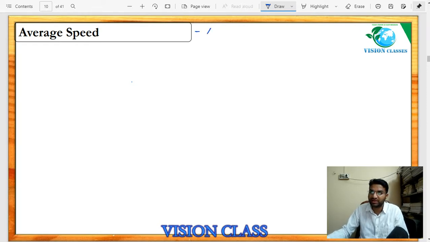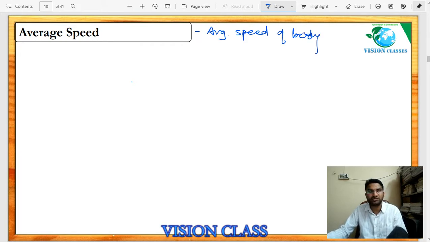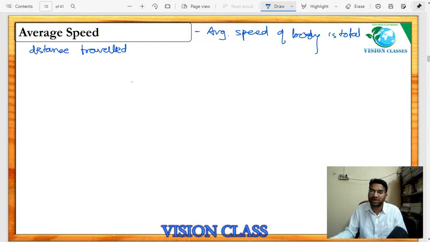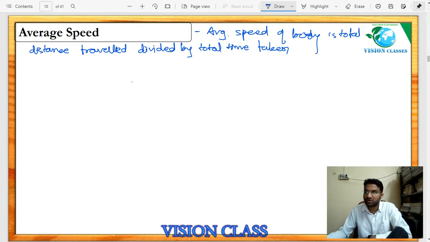The average speed of a body or any vehicle is equal to total distance traveled divided by total time taken to cover that distance.